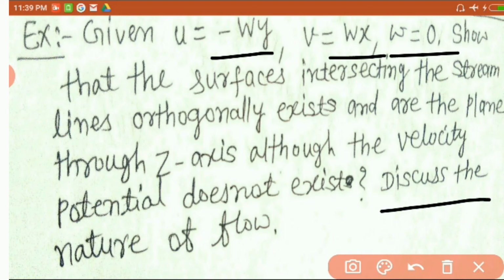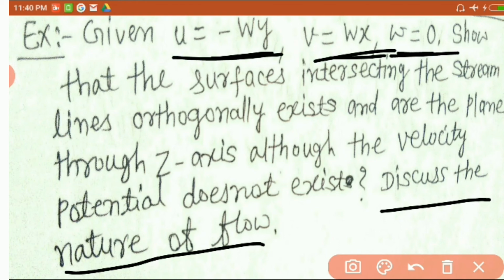To discuss the nature of flow, we are given here u is equal to minus wy, v is equal to wx, w is equal to 0.